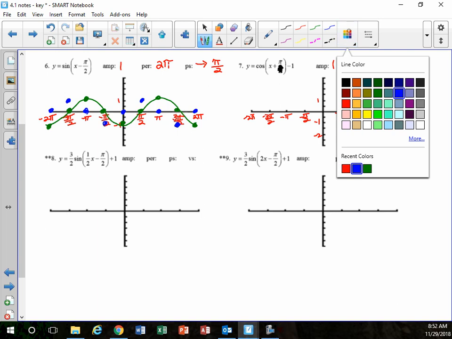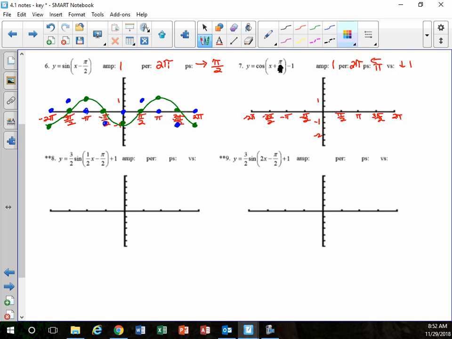Okay. Once you have it labeled, let's do the dots for the parent graph, and then we'll pause and make sure everybody's caught up at that point, okay? So in blue, I am just doing parent graph of cosine dots.